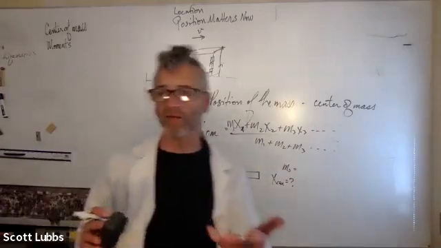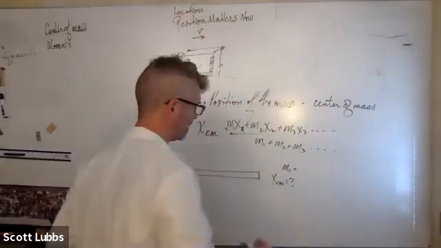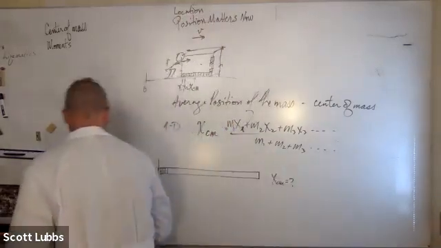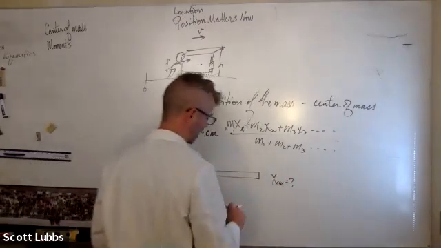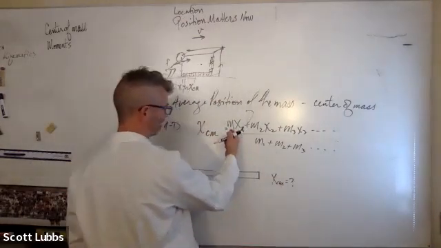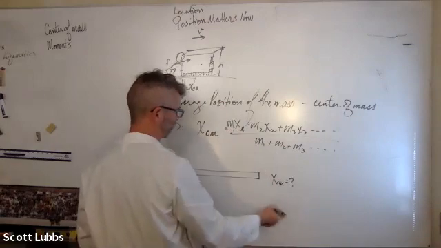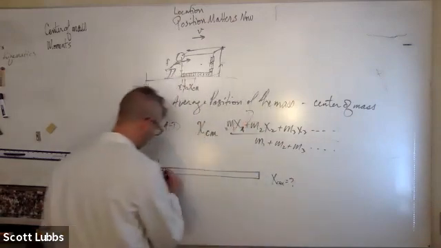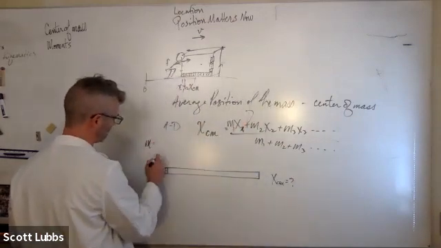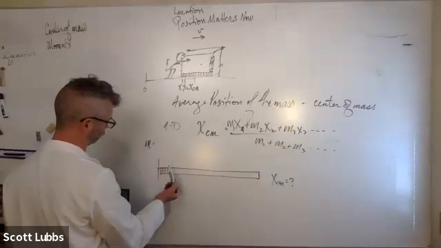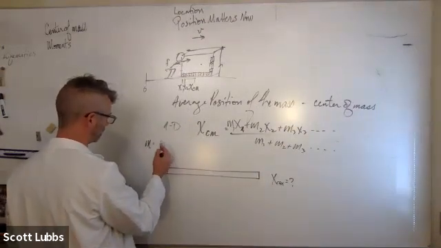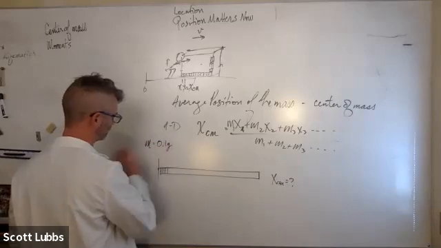I know a lot of you have a pretty good idea of where it's going to end up. And that's good. That's what I want you to have. So M1, X1, it's going to be little mass 1. The mass of each piece is going to be, what would I say, 0.1 gram.